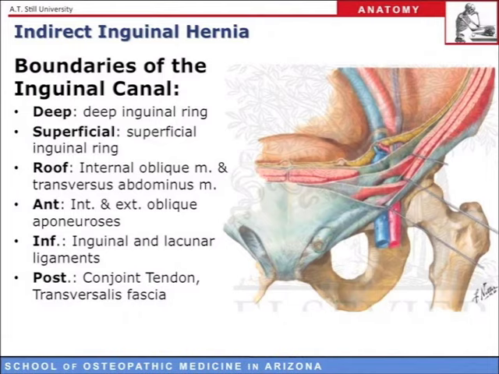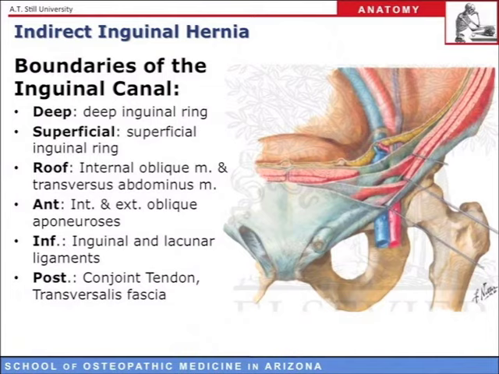Now, it's difficult to see in this image, but the inferior boundary, or the floor of the inguinal canal, is going to be made up of the inguinal ligament as it curls under and makes a floor for the inguinal canal, and also a portion of the inguinal ligament that has a special relationship with the pubis, and that's called the lacunar ligament.